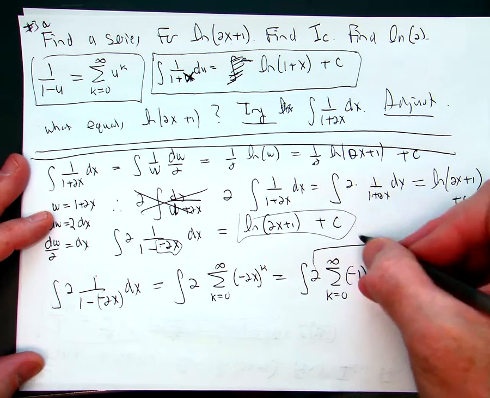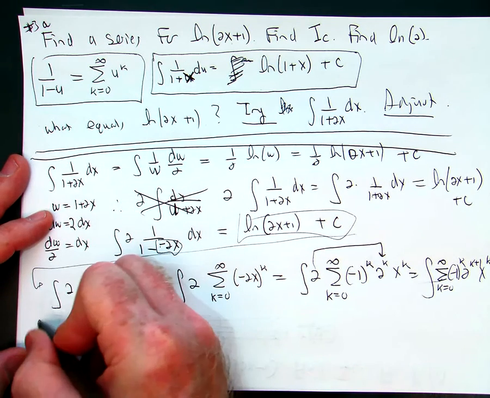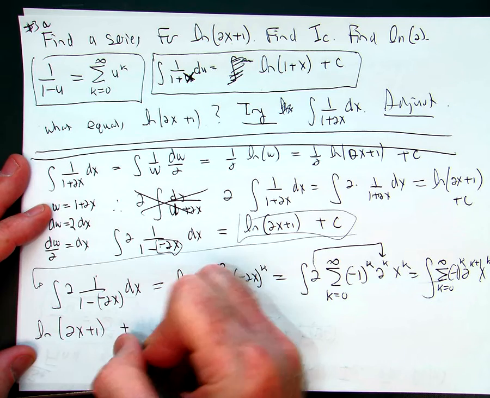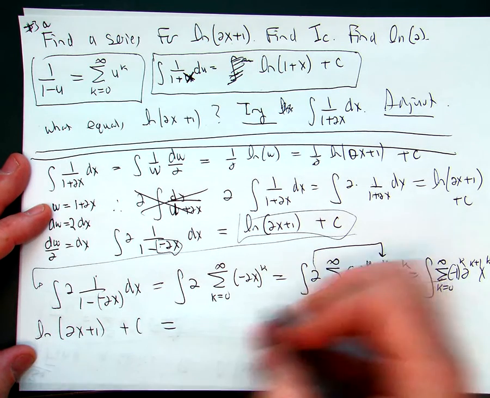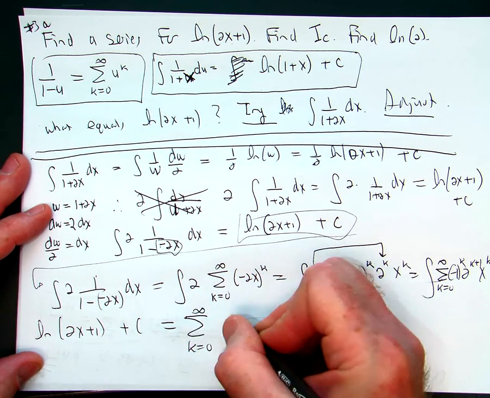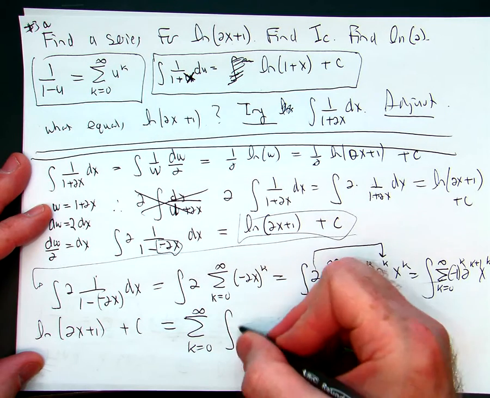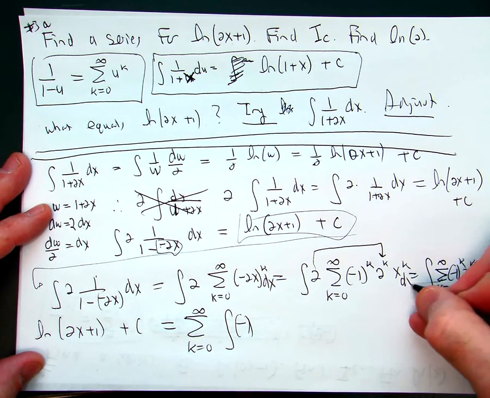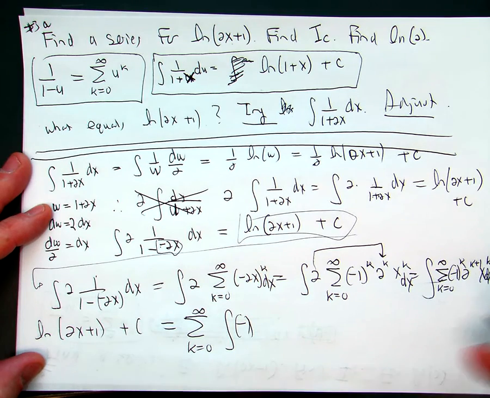So I get natural log of 2x plus 1 plus my constant is equal to this integral. But remember, you change the integral with the function. Sorry, this should be a dx here. dx is everywhere, and dx here.